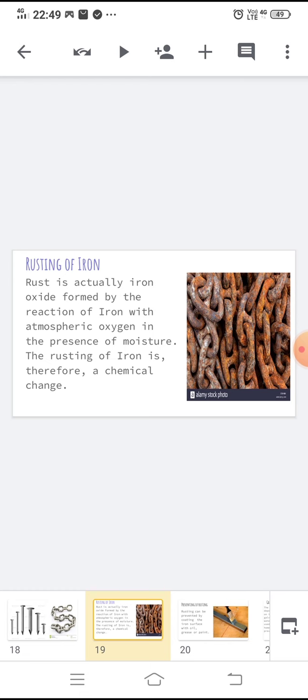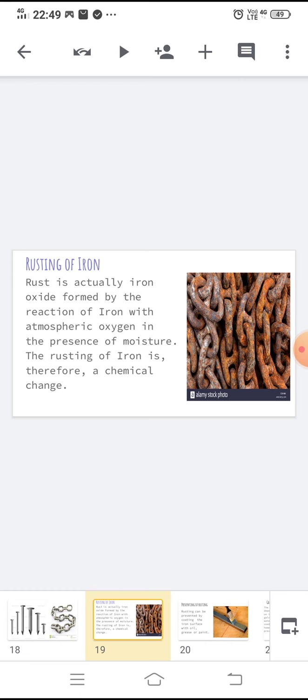The rusting of iron is therefore a chemical change. We are using many iron objects in our day-to-day life, so we need to prevent these iron objects from rust.